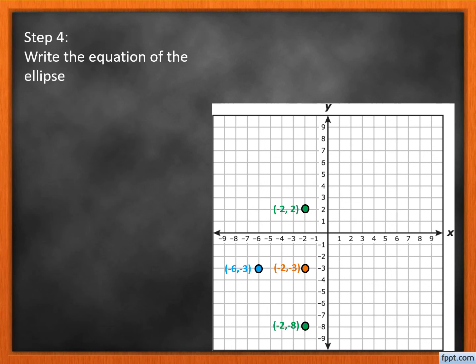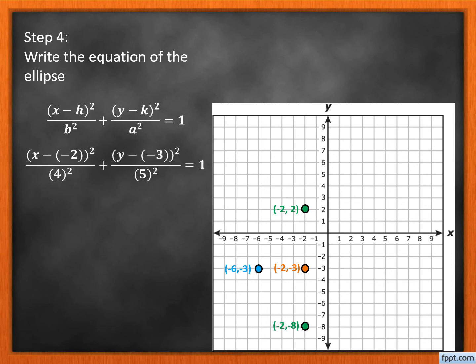Now we can write the equation of the ellipse using the values that we got from the other steps. Using the standard form of the equation of an ellipse, (x minus h) squared over b squared plus (y minus k) squared over a squared equals 1, we're going to replace the values of h, k, coming from the center, a, and b.